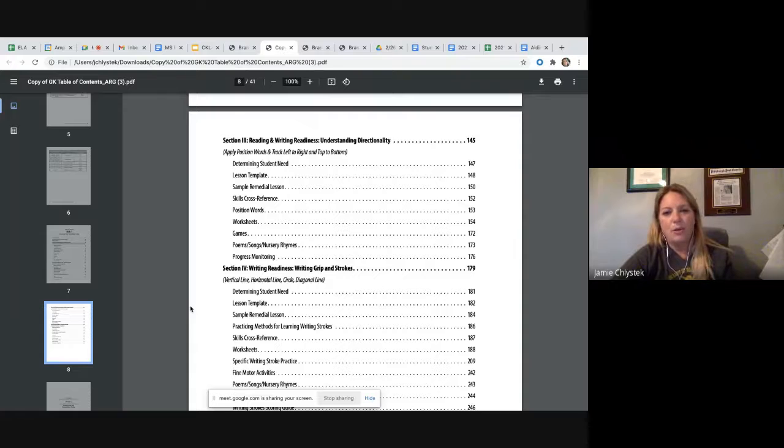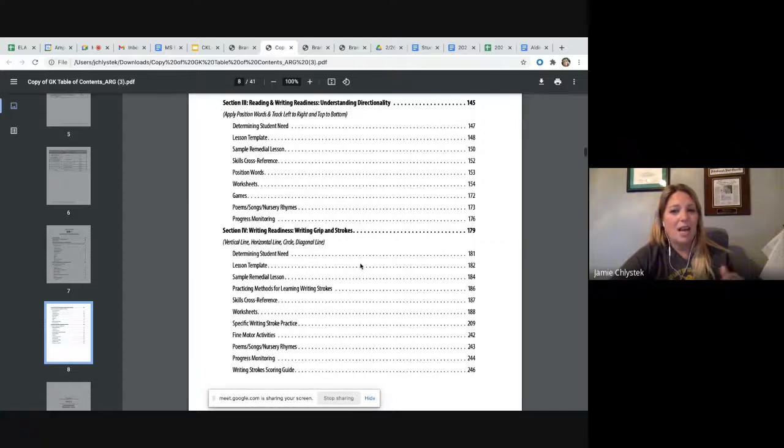So for me, if I'm thinking about what I need, I'm pulling small groups, I have data, I know that I have some students who are struggling, at the very beginning of kindergarten, with just some writing strokes, and maybe it's my whole class, right? Maybe I just need some additional at-bats around strokes. And I'm seeing right here that in this section of the assessment remediation guide, I've got a whole section that's just addressing some additional things. I've got a way that I can determine needs through assessment. I have an example of a template and an example of a sample lesson.